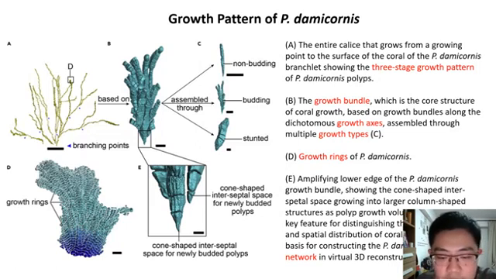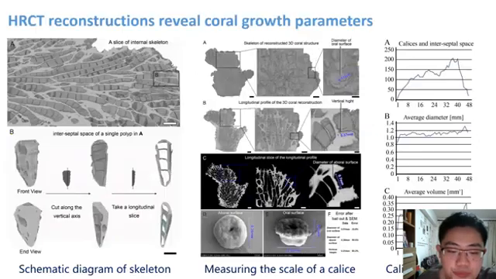It reveals that each canal of Porites is a basic polyp growth unit, and growth bundles are arranged along the axis in a dichotomous branching pattern. The growth pattern of Porites cornis lays the foundation for further explorations on the monthly, seasonal, and yearly growth of reef-building corals.